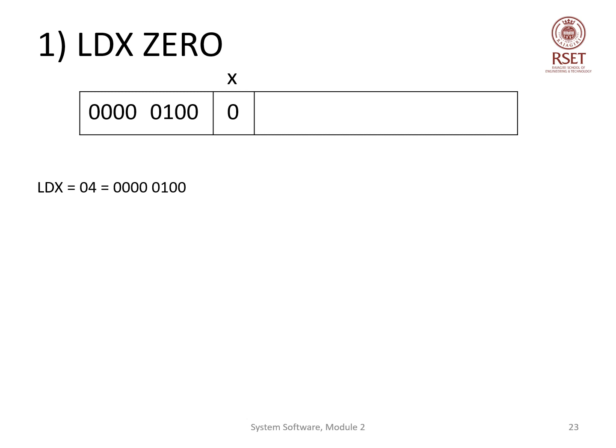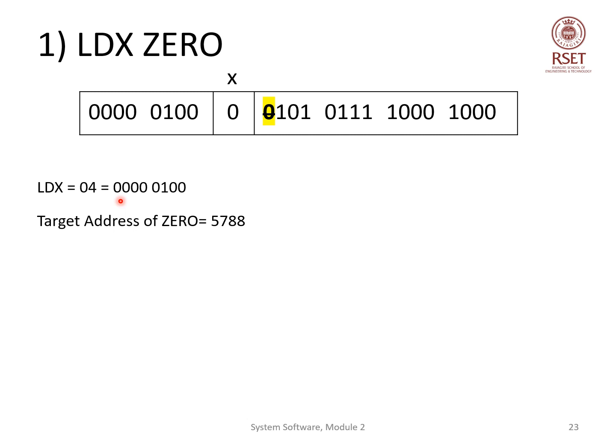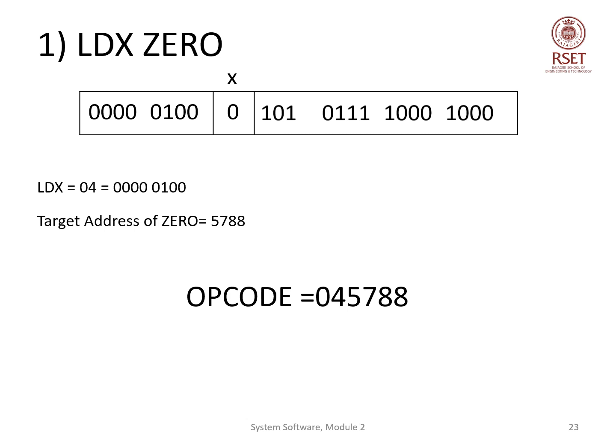Now the target address of the operand. Here the operand is 0 and the target address is 5788. So 5788 has to come in the third field. But the third field can contain only 15 bits. So we'll ignore the leftmost bit and write 101, 0111, the rest. So that makes the opcode 045788.